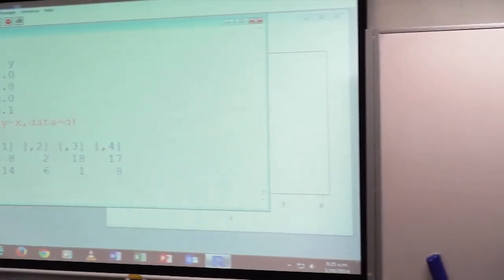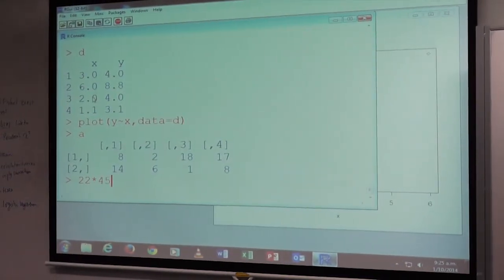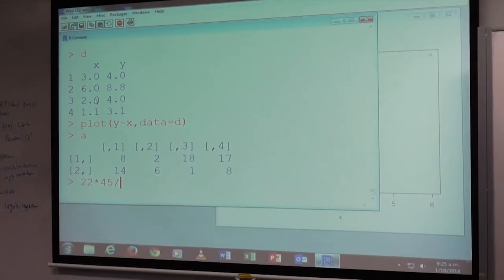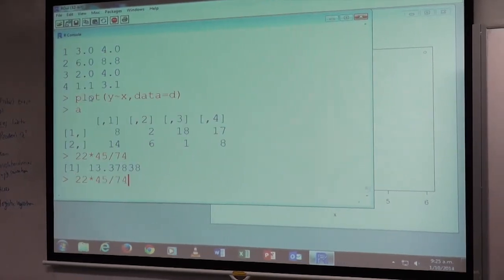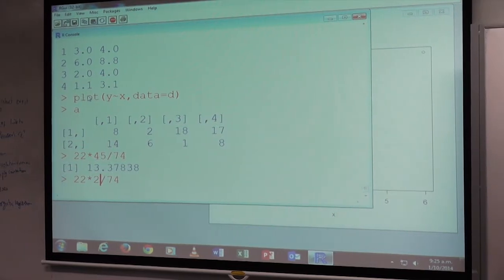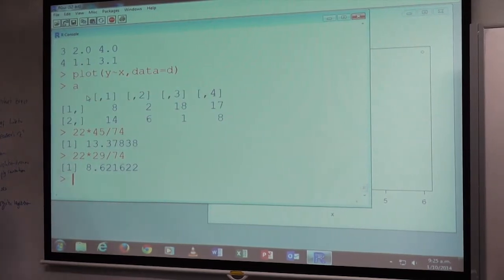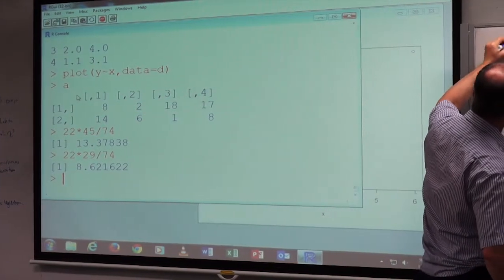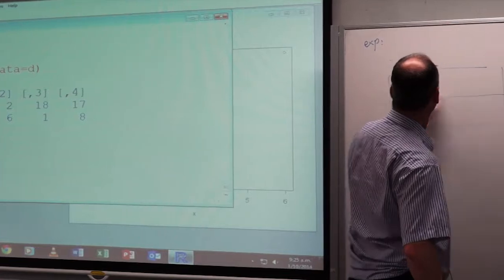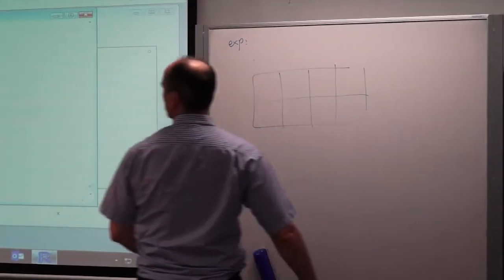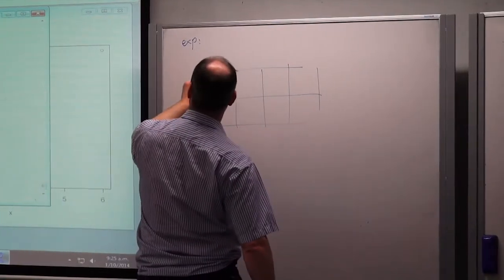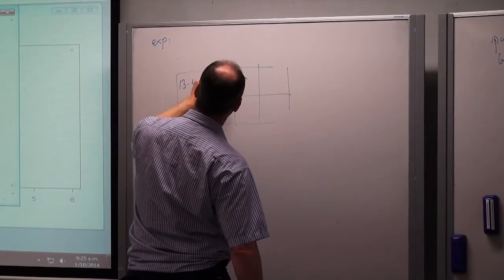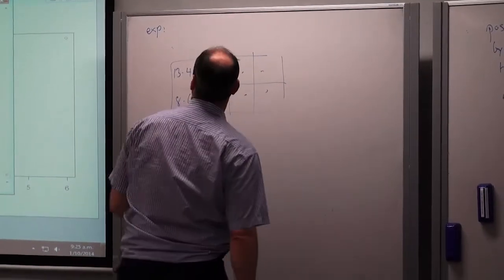Twenty-two times what is it? 45 over 74. And the other one was 29, wasn't it? So my expected values are 13.4, and 8.6, and so on.